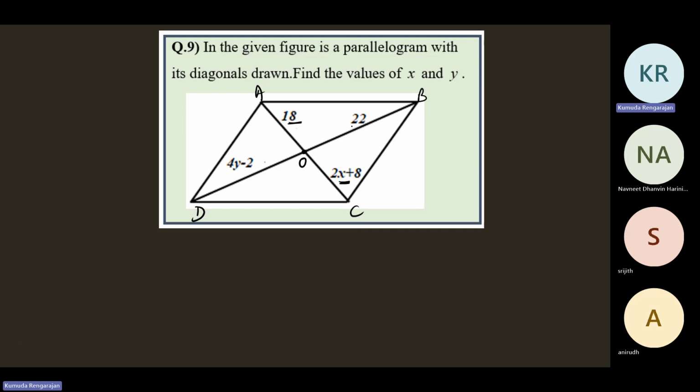Which line segment is equal to 22? BO. OB or BO, both are the same. And which line segment is given by this expression 4y minus 2? OD or DO. So now tell me, which are the two line segments equal to find x?